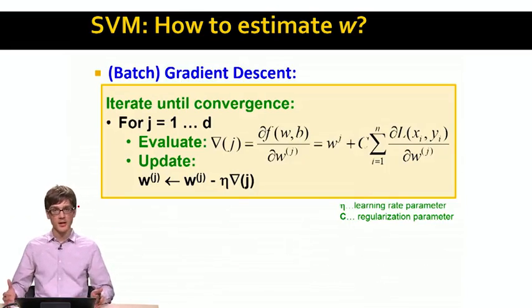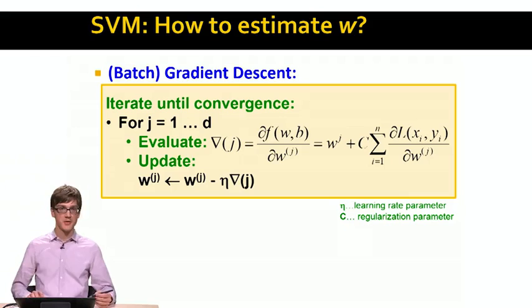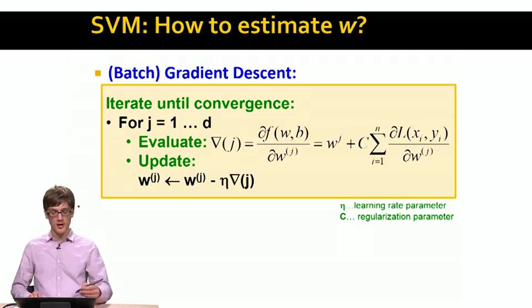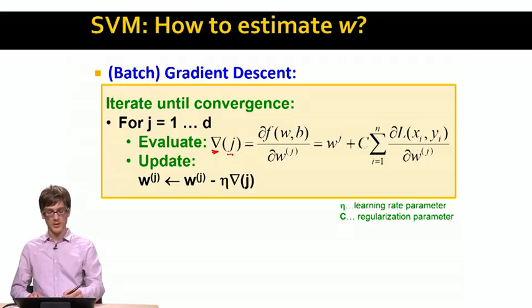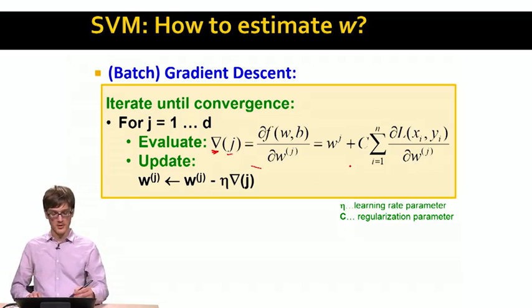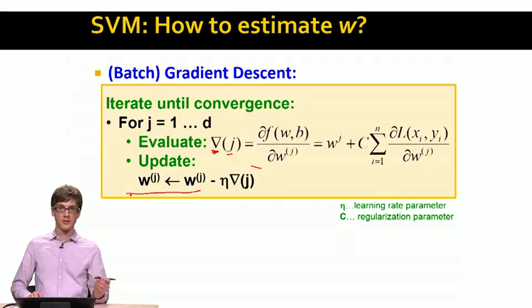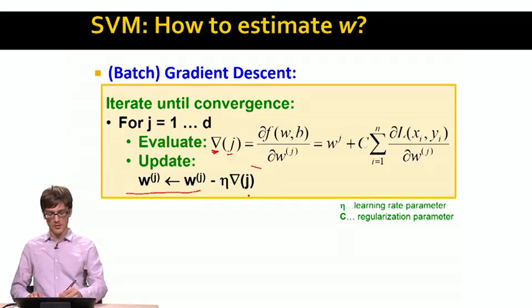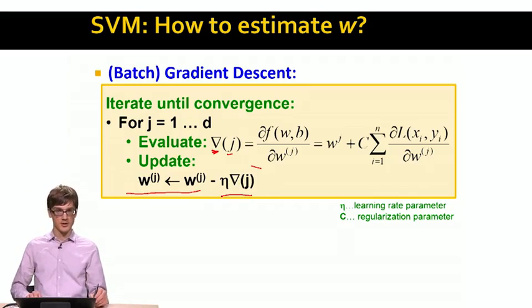So now that we have the gradient, we want to use what is called the gradient descent method, which is a very simple method. We will start at some location, and all we are doing then is to evaluate the gradient for a given dimension. So we will iterate over all the dimensions. We will evaluate the gradient at that given dimension by simply going through all the data, computing the sums introduced on the previous slide, and then we update that coordinate of our vector w in the direction that is reverse to the gradient.